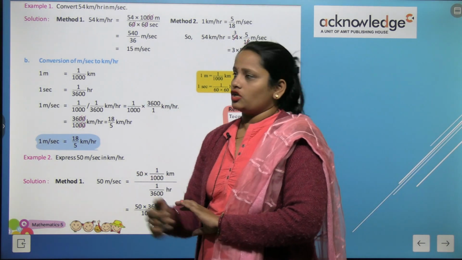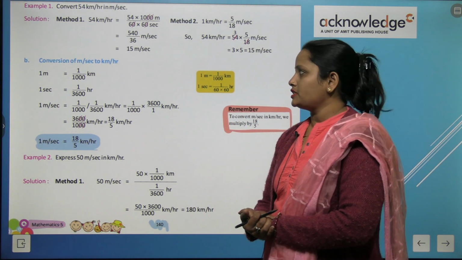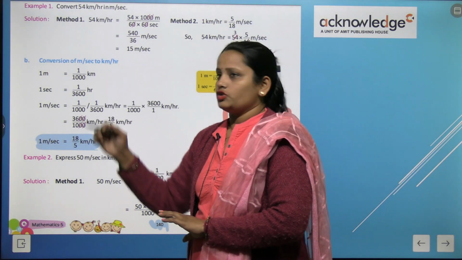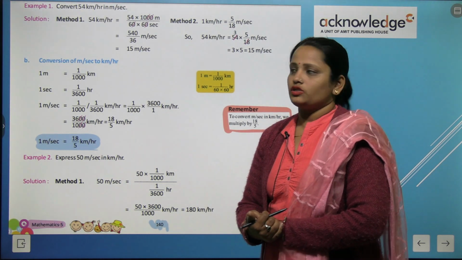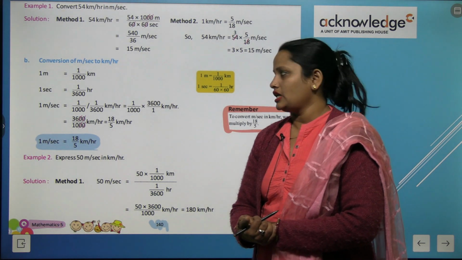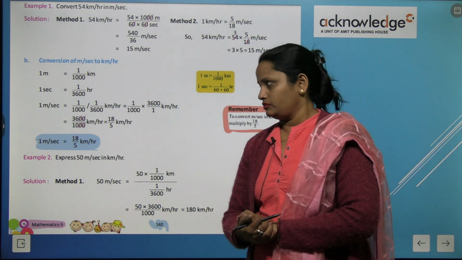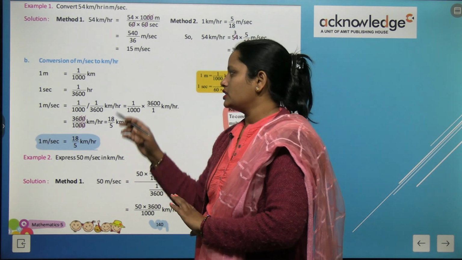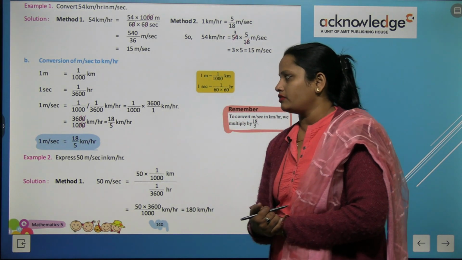Next is the conversion of meter per second to kilometer per hour. Now we have to convert meter per second into kilometer per hour. So 1 meter is equal to 1 upon 1000 kilometer, and 1 second is equal to 1 upon 3600 hour. So here 1 meter per second is equal to 1 upon 1000 divided by 1 upon 3600.